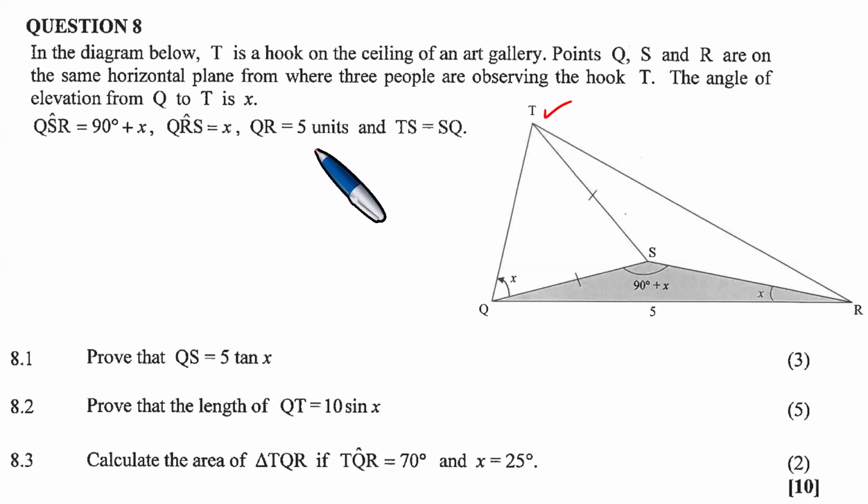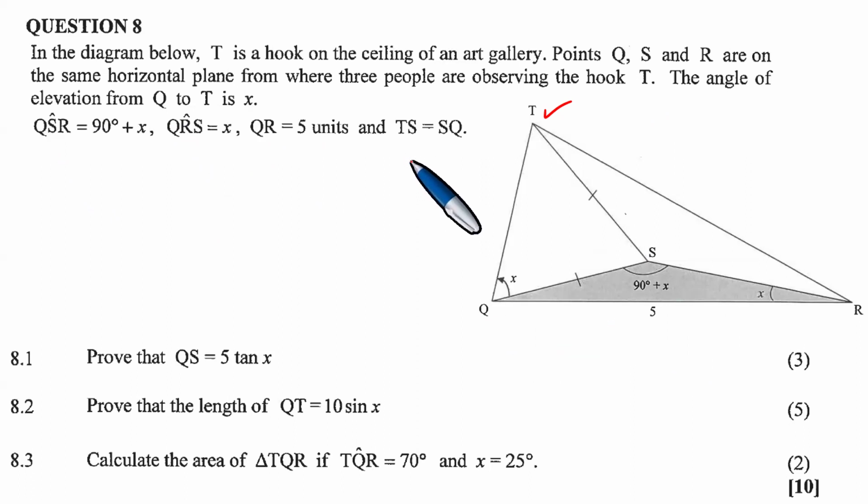From where three people are observing the hook, T, the angle of elevation from Q to T is X. QSR is 90 degrees plus X. QRS is X. QR is 5 units.